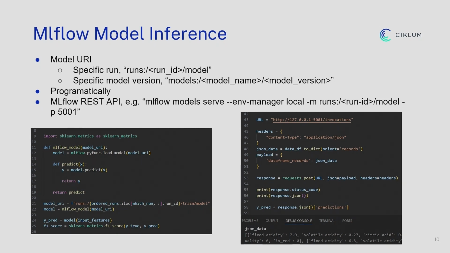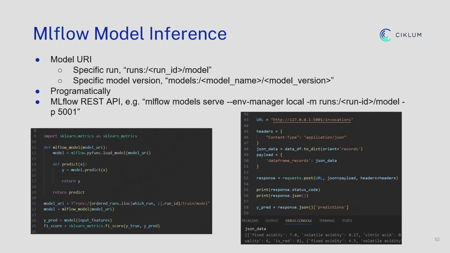Finally, MLflow also allows you to do model inference. You have several runs or jobs which you ran before within one experiment. You can imagine it like this: once you train the model with this set of parameters, the second time you change the parameters, you train the model again, and you have everything logged.